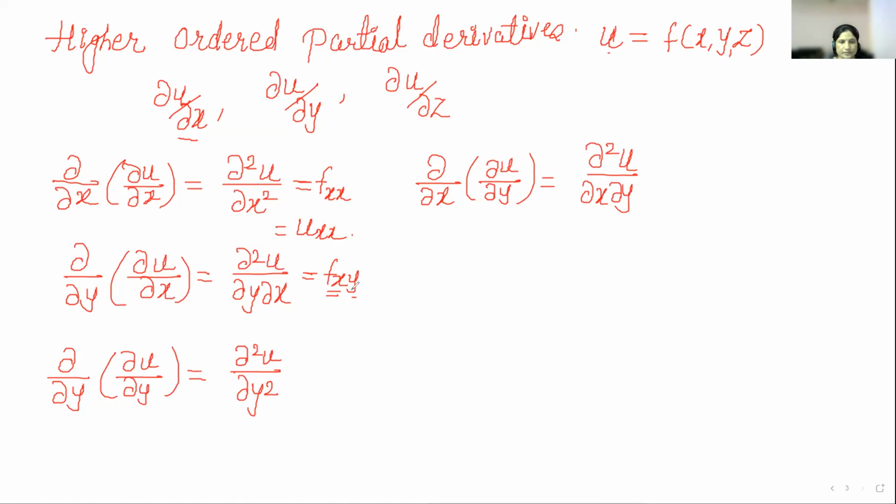Got it? Here it will be fyy, derivative of fy with respect to y, or it can be put as uyy. They can be written like this as shortcuts. Sometimes in questions, when you are learning homogeneous functions, there are examples of such shortcuts. Okay. Now this can be put as uyx, derivative of uy with respect to x.